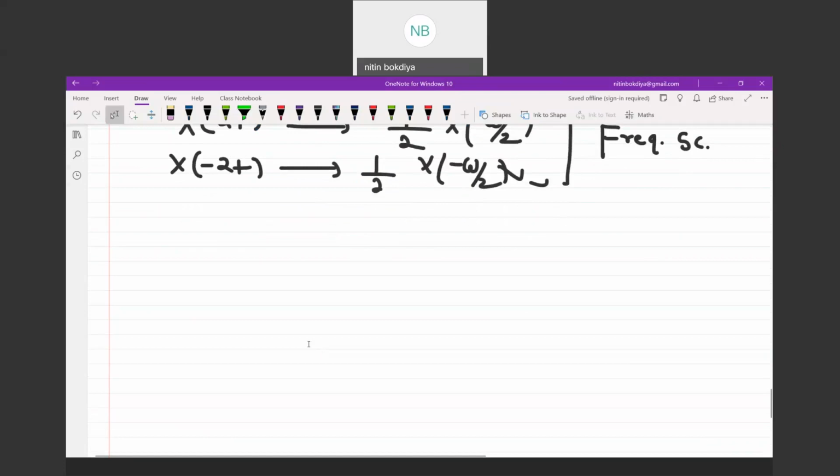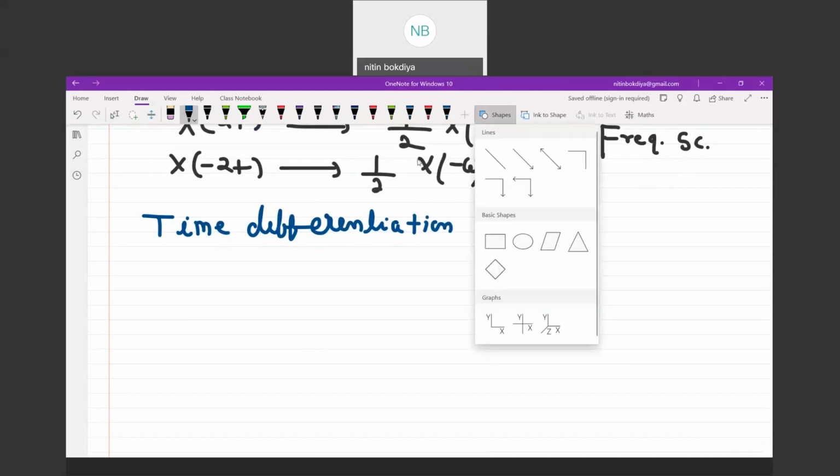Now the next very important property is time differentiation.